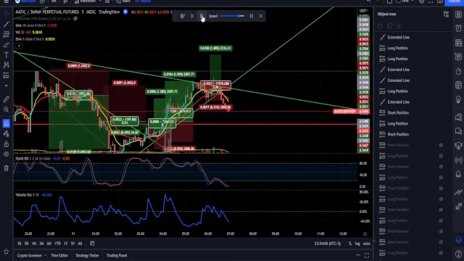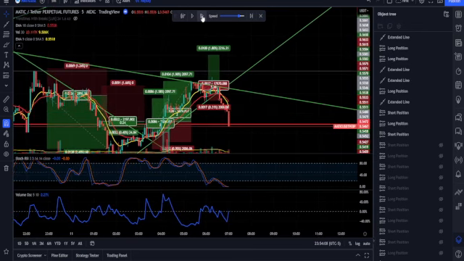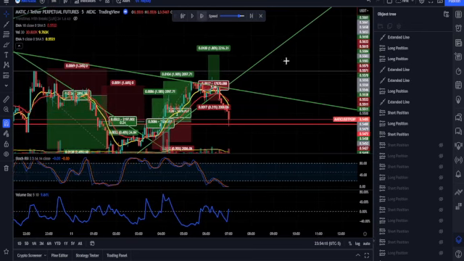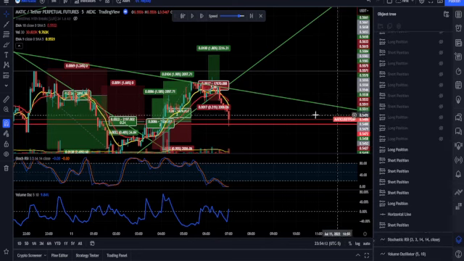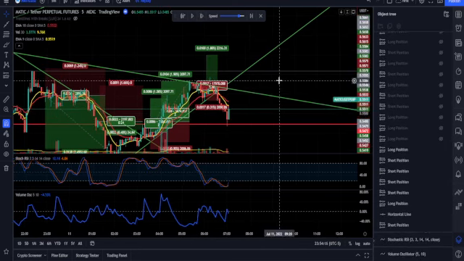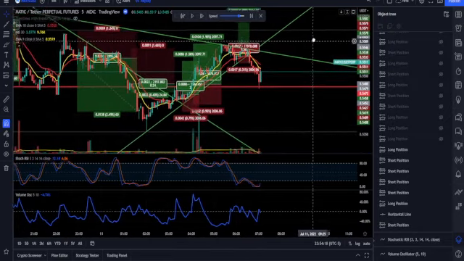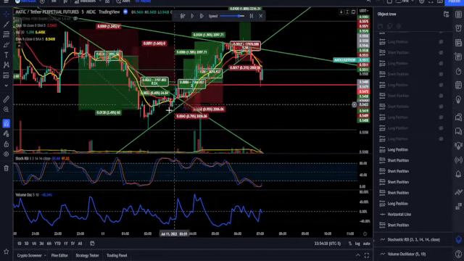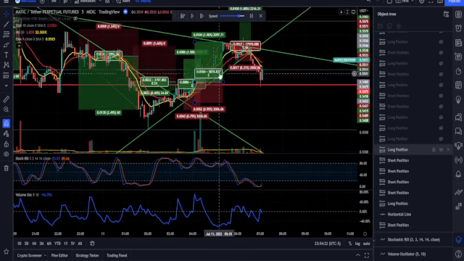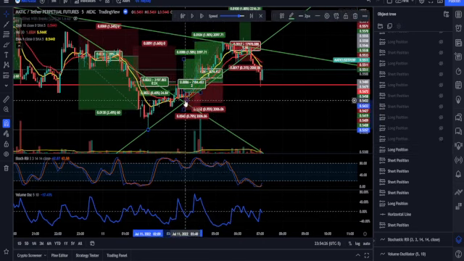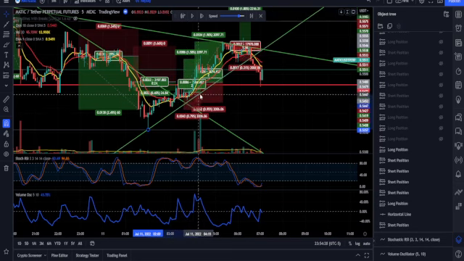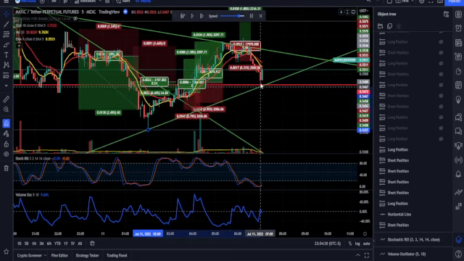Continue. It looks like we have a downtrend forming. Okay. There's a couple of different things we can do here, because we've still got a pretty valid uptrend.